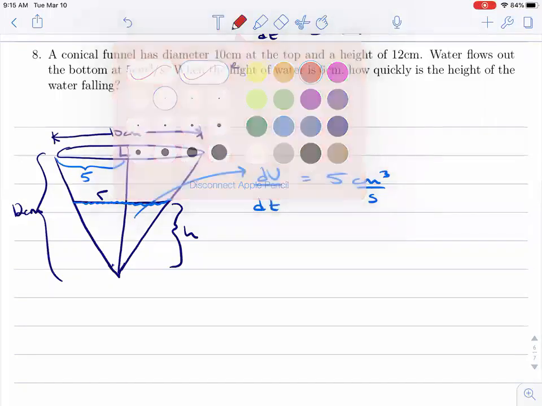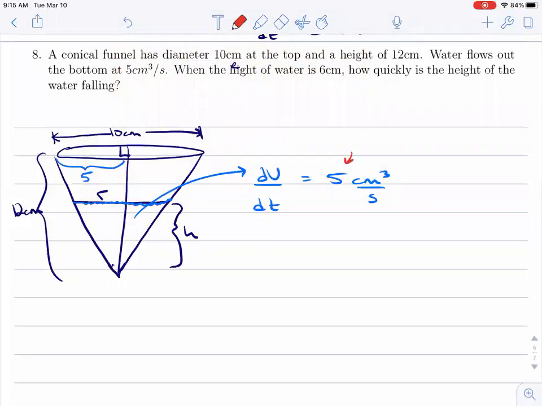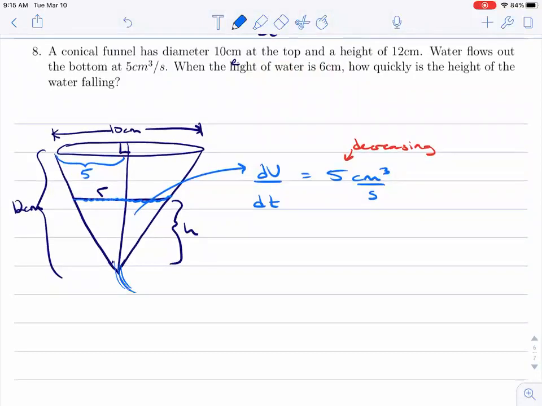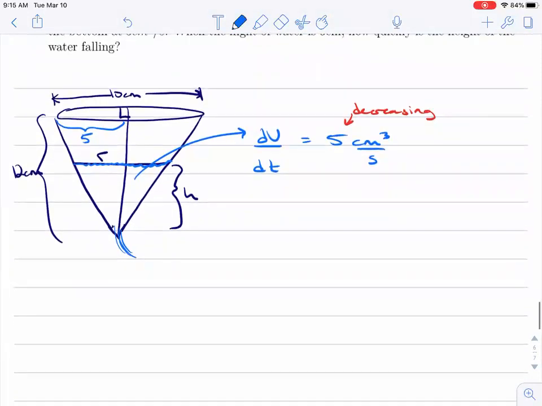One important thing is that this is going to be decreasing, right? Because it's flowing out the end. And so here we can show the water coming out of the funnel at a rate of 5 centimeters cubed per second.